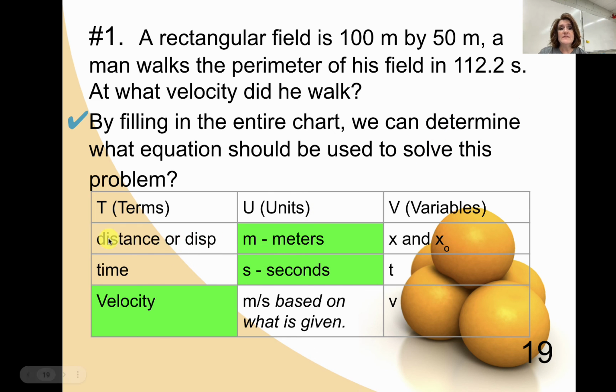The m that was given is distance or displacement, representing x and x naught. S was seconds, representing time, variable of t. Velocity that was given is meters per second based on the units that are already given, and the variable would be v. Based on the variables necessary for the question, the equation that we would use would be kinematic simple.